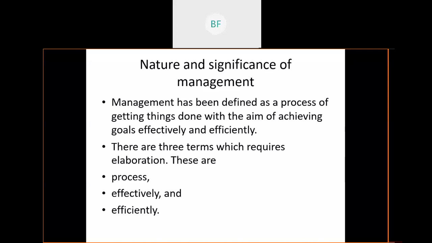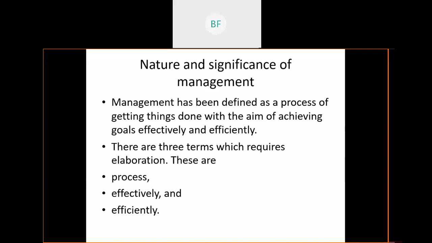So the manager here is effective, but he is not efficient enough, because he is using a lot of labor, and the electricity cost is increasing. So when I talk about effectiveness and efficiency, efficiency is cutting down the cost, but achieving the goals of the organization at the same time.